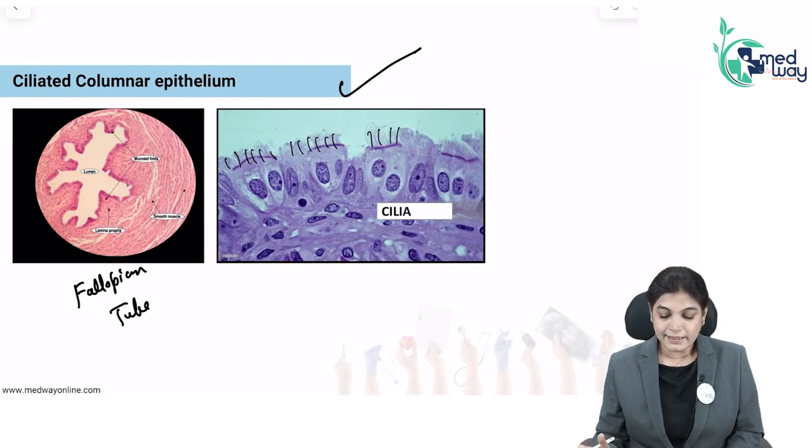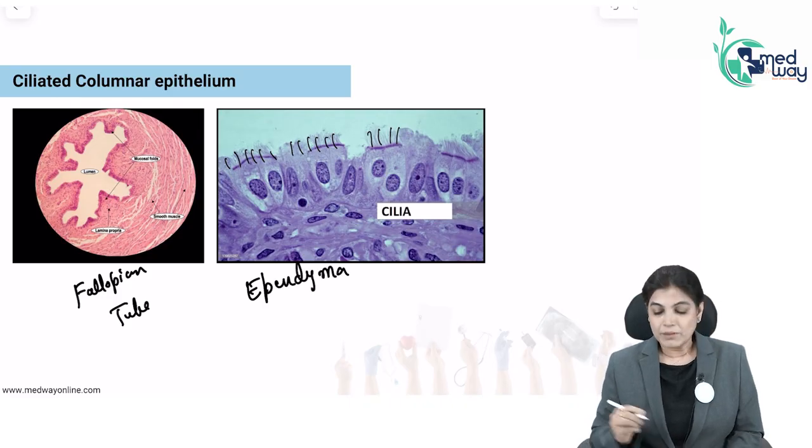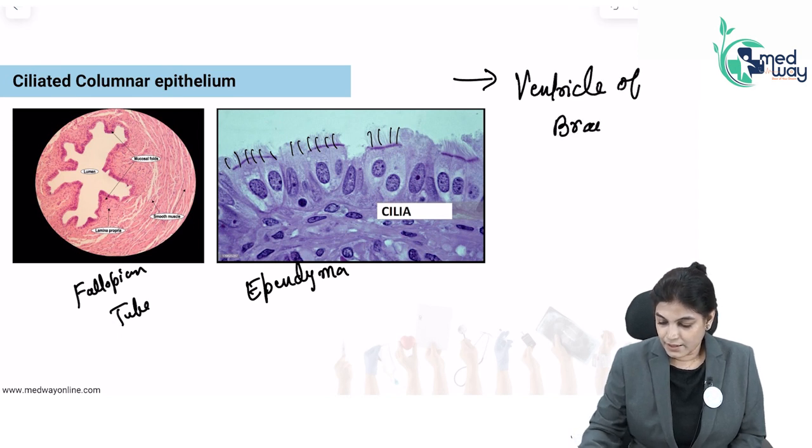Now, ciliated columnar epithelium. Let's write where it is present. Actually, this is showing the ependyma. Ciliated columnar epithelium is present in the ventricles of the brain and in the central canal of the spinal cord.